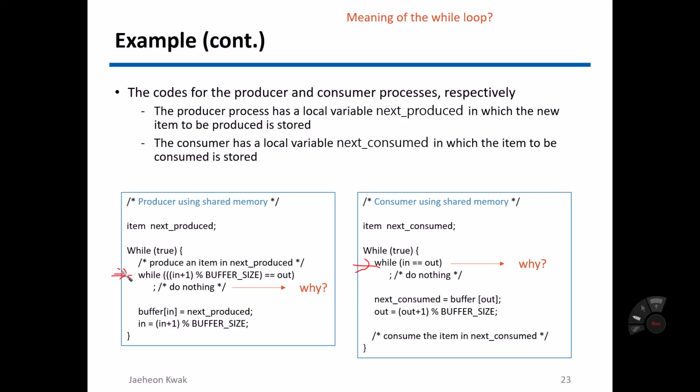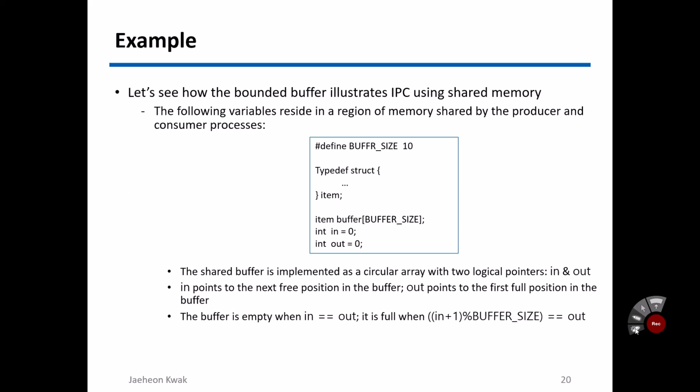Actually, this while loop doesn't have any internal instruction, right? Just one while loop. Then why do we have to use these two while loops? So let's go back to the previous slides.